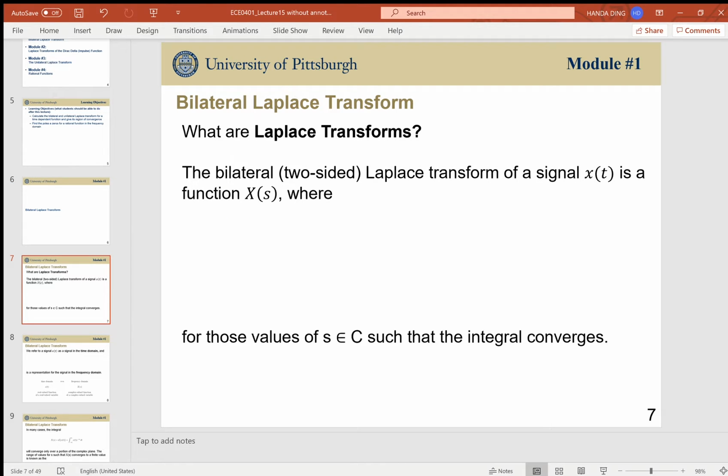So what is the bilateral Laplace transform? It's really nothing more than we would write in this way: capital X of s, and we use the special alphabet to represent the Laplace transform of x(t). This is really nothing more than the integral from minus infinity to infinity of x(t) e to the minus st dt, right?